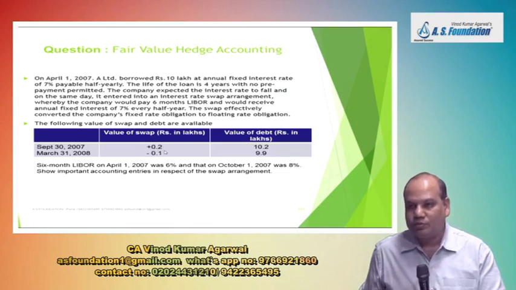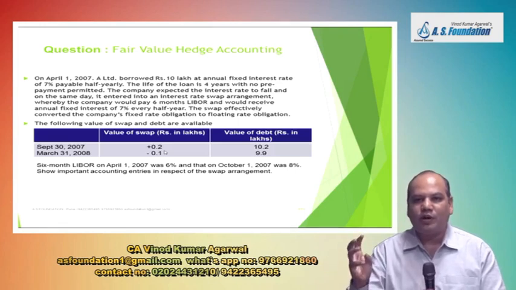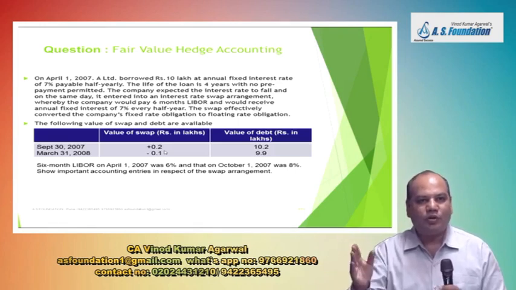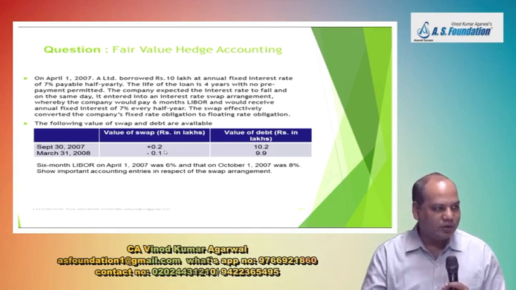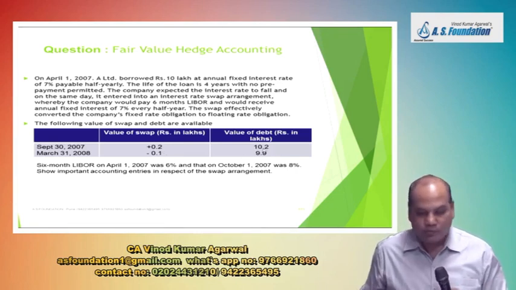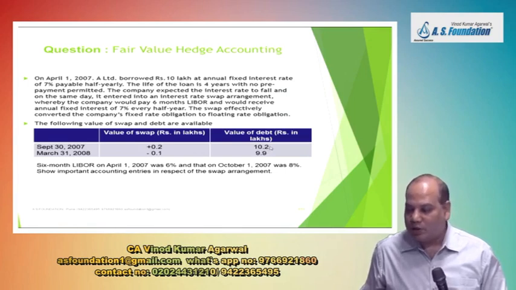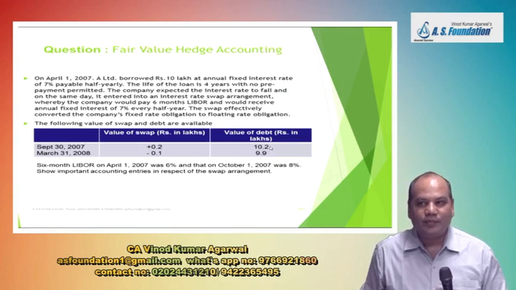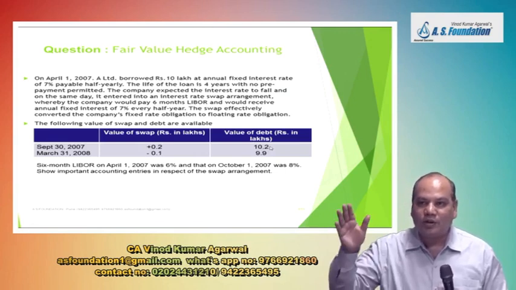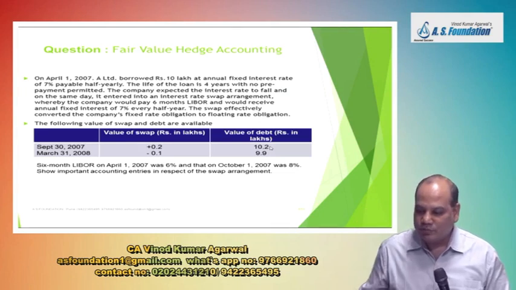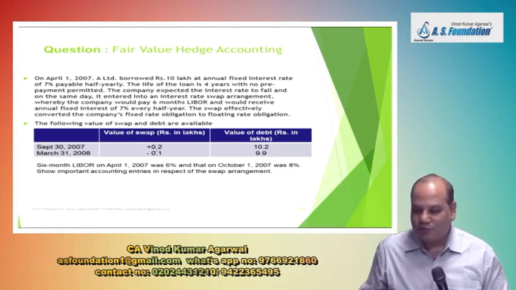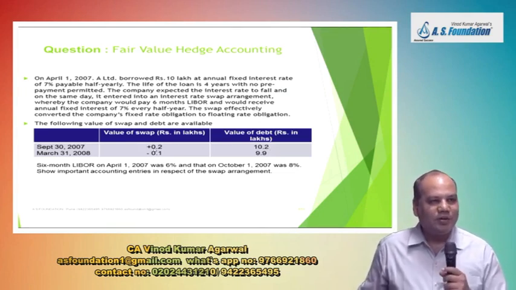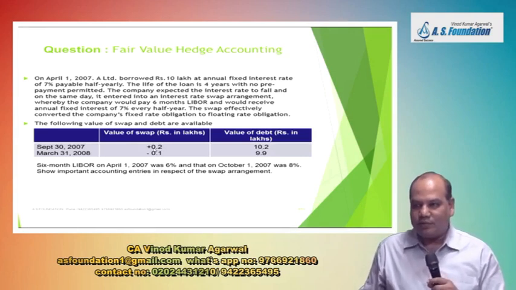From 0 it became plus 0.2, because the fair value of a derivative is usually 0 unless you pay some premium on that. So gain of 0.2. What happened to the liability? 10 lakh became 10.2 fair value of liability. Tell me, gain or loss? Liability has increased. Loss. But this loss is fully compensated by the gain on the derivative.